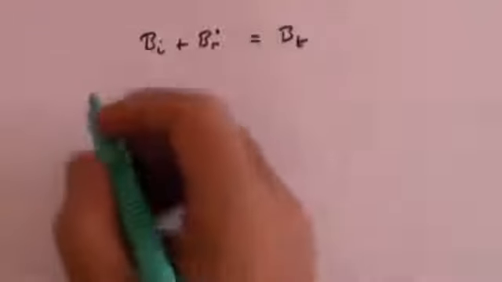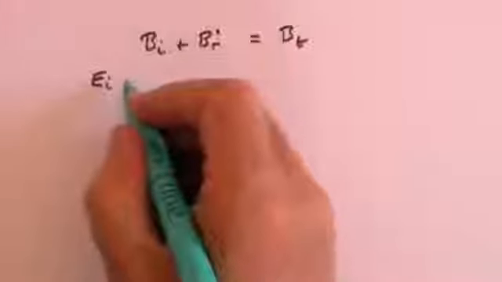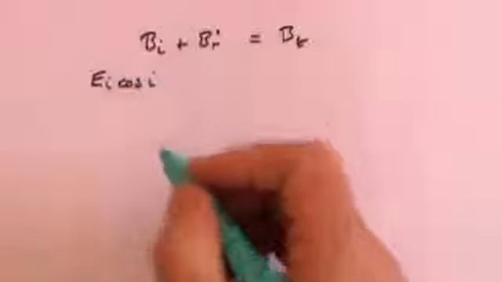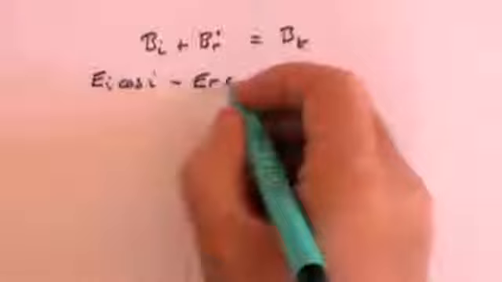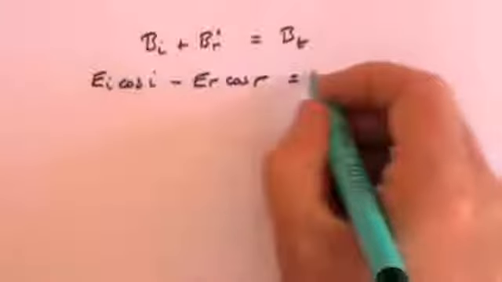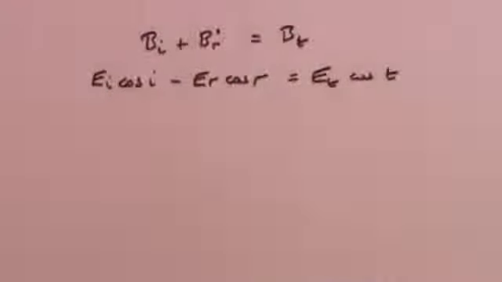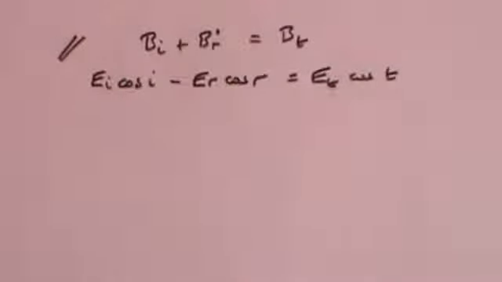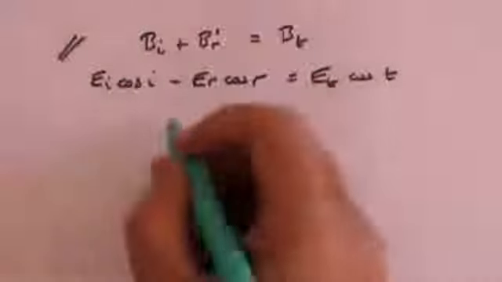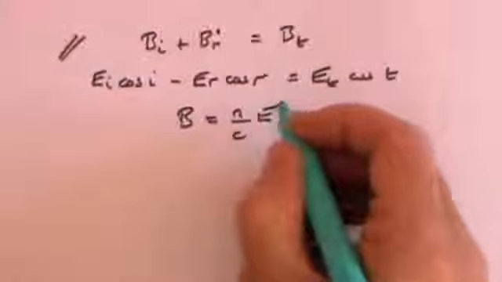So the incident parallel E field will be EI, and then the horizontal one uses the cos term, cosine I, minus ER, because it's in the other direction, cosine R, equals ET cosine T. That's the same principle that we used earlier when we were looking at the perpendicular E field, but now, of course, we're looking at the parallel E field. It's the E field that's parallel to the paper. And once again, we remind ourselves that B is equal to N over C times E.